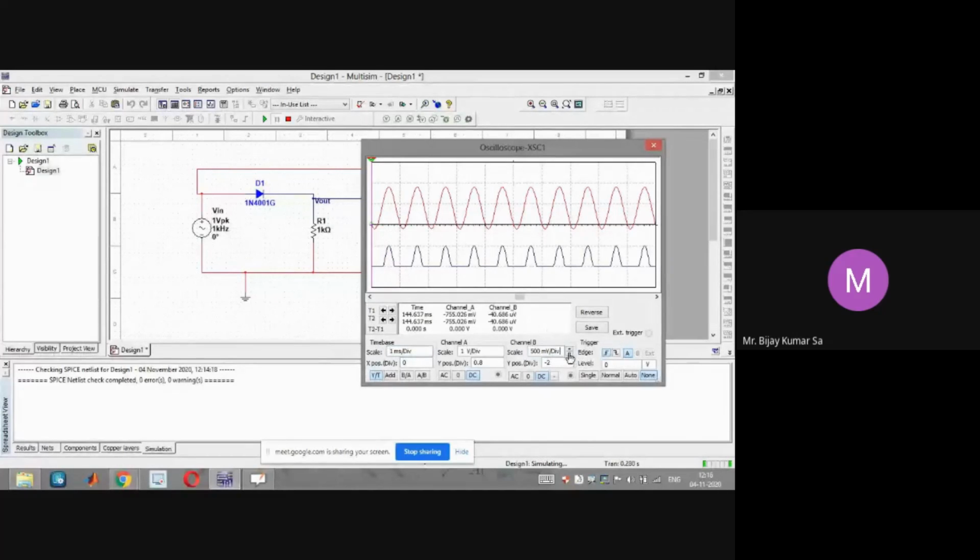Okay, let us set the things to the same number of volts per division. This is 1 volt per division, this is also 1 volt per division. Now it is okay. Change both to 1 volt per division. So this is the rectified output.